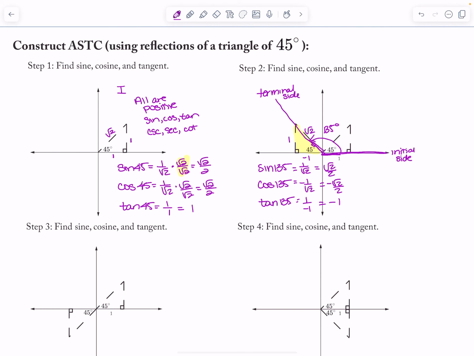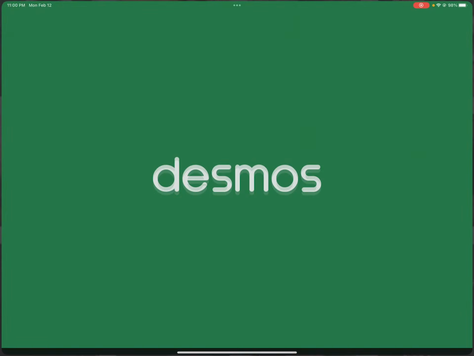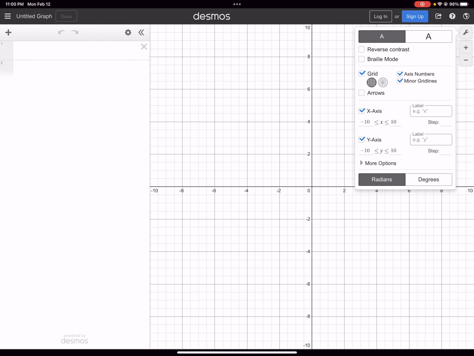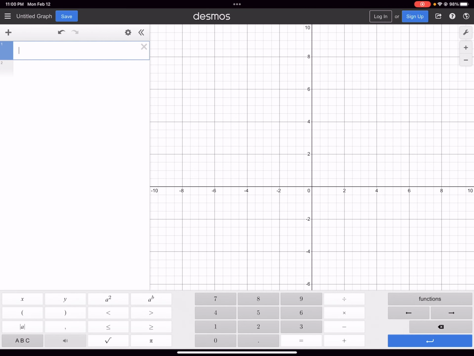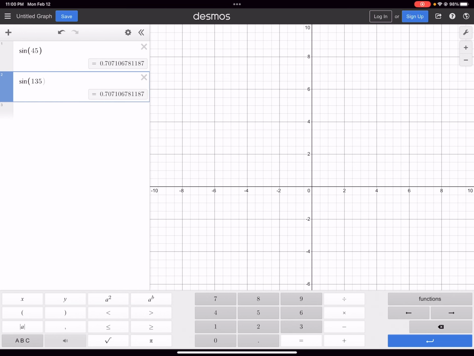And if I were to look at the sine of 45 degrees, right? So let's just take sine for a second. If I look at the sine of 45 degrees and the sine of 135 degrees using Desmos, so I will have to change my Desmos to be degrees here. So if I look at the sine of 45 degrees, you see that it gets 0.707. And then if I did the sine of 135 degrees, I get the same exact thing. Now, the cosine one, remember the cosine one was a negative value, right?